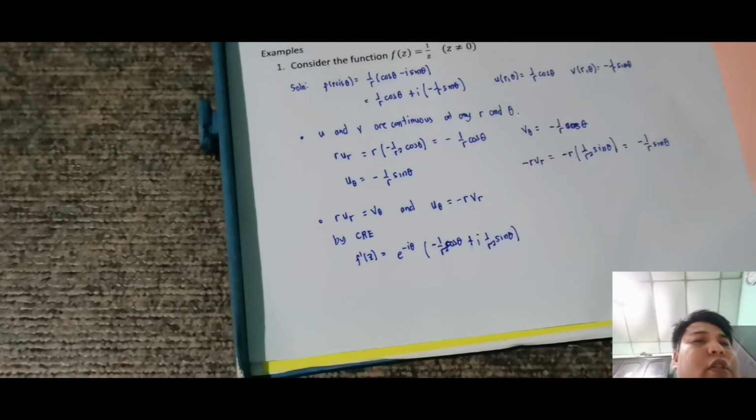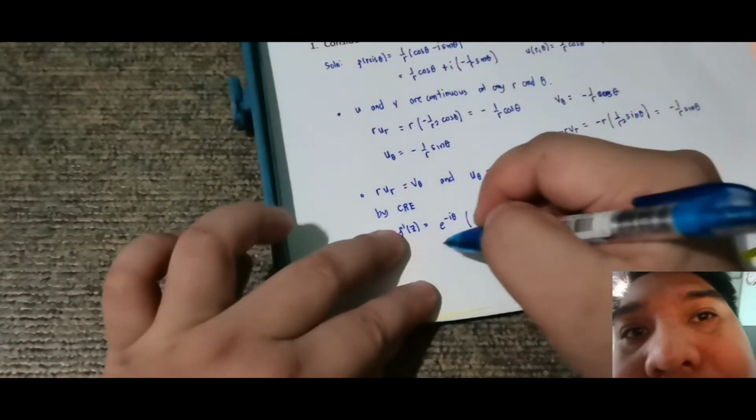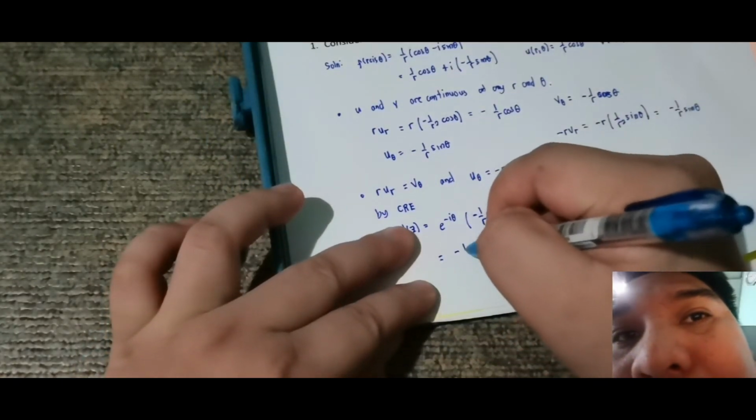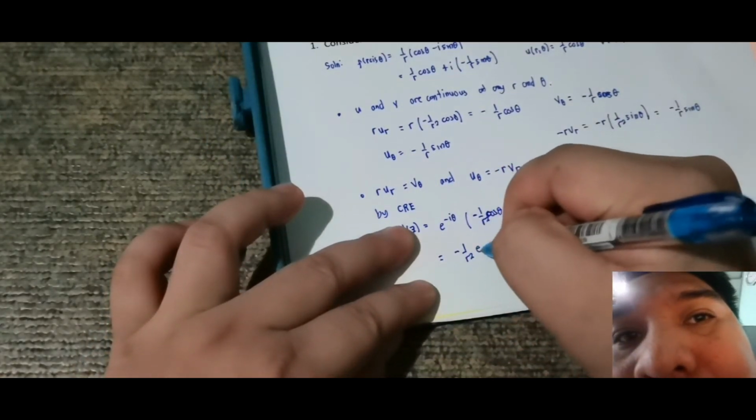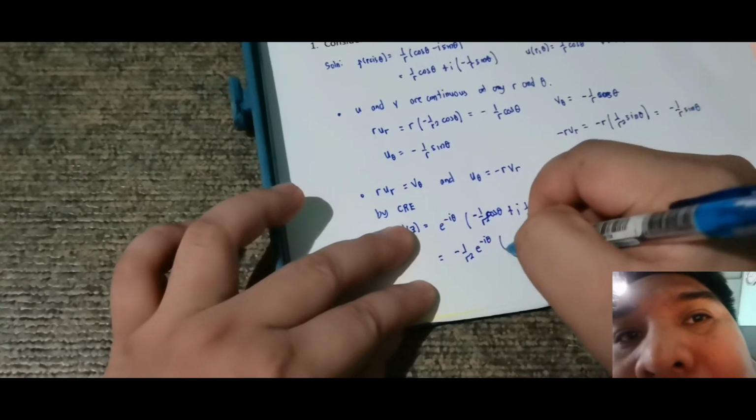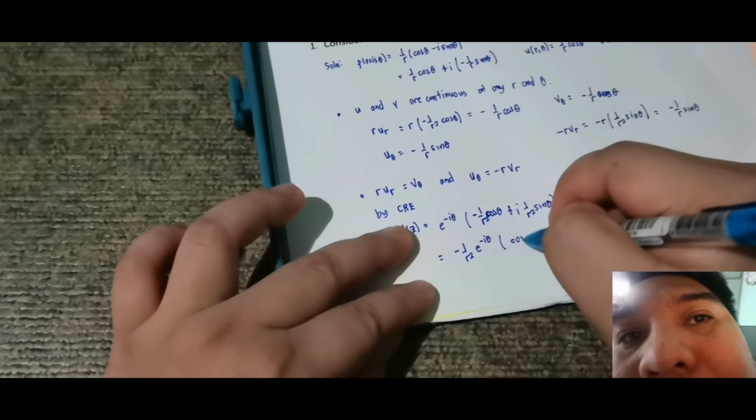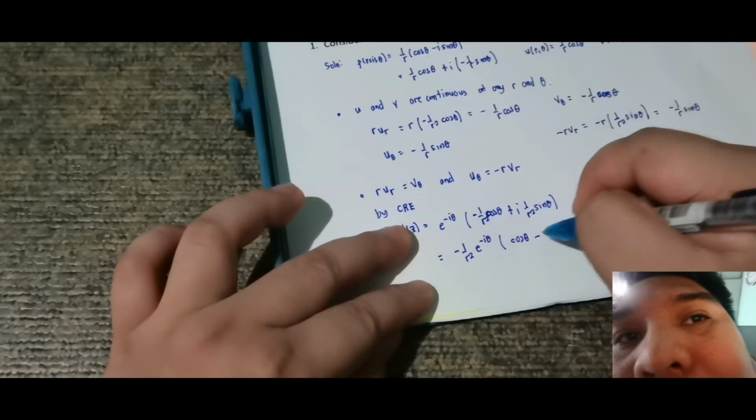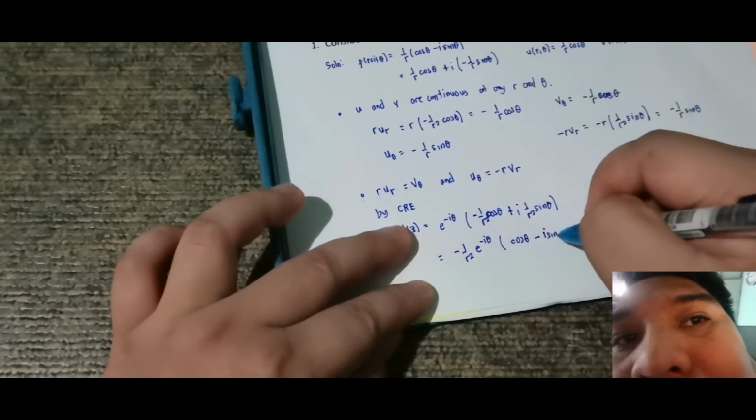Okay, so factor out ko lang yung negative, tapos yung negative 1 over r squared actually. So this is equivalent sa negative 1 over r squared e raised to negative i theta multiplied by, magiging positive to, cosine theta minus i sine theta.